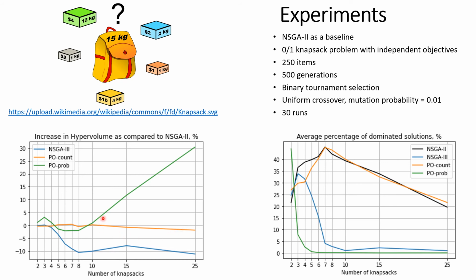PO prob, however, allows to substantially increase the value of the hypervolume for larger values of knapsacks, reaching plus 30% for 25 objectives. The figure on the right demonstrates the average percentage of dominated solutions by other algorithms. As we can see, starting from 3 objectives, PO prob is never dominated by any other approach.